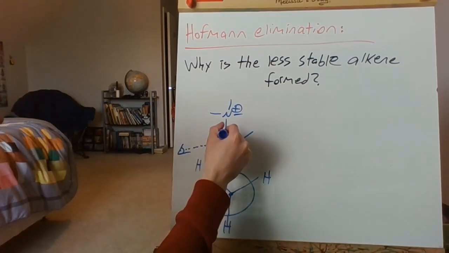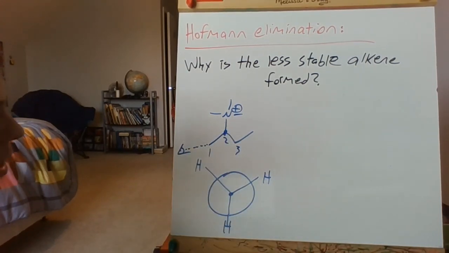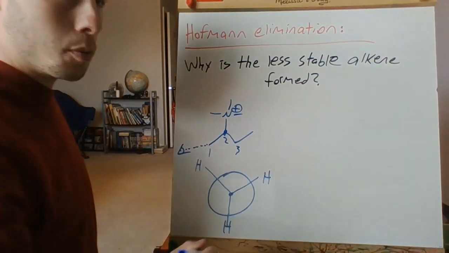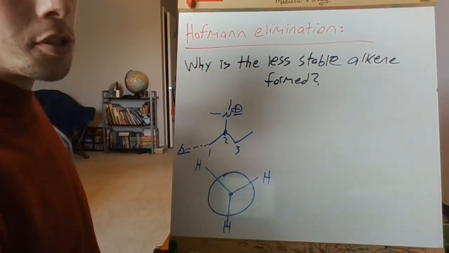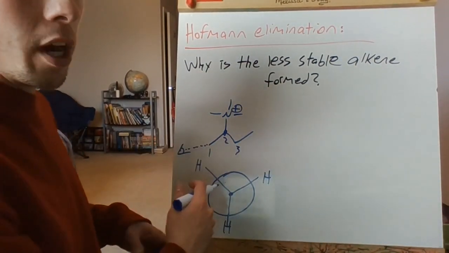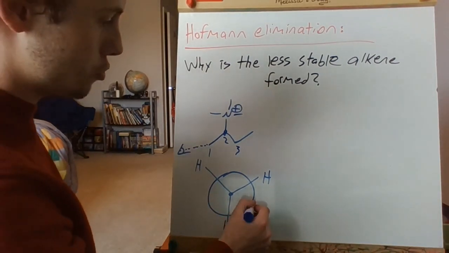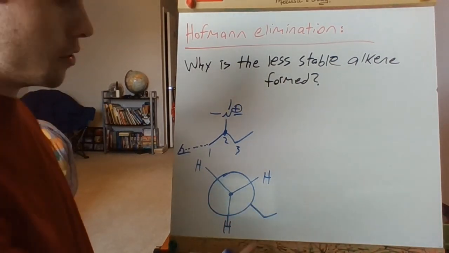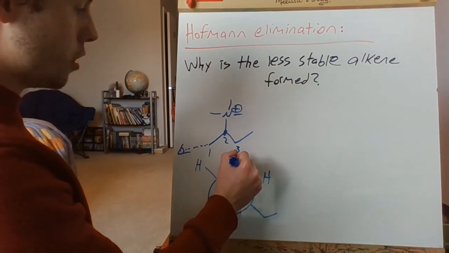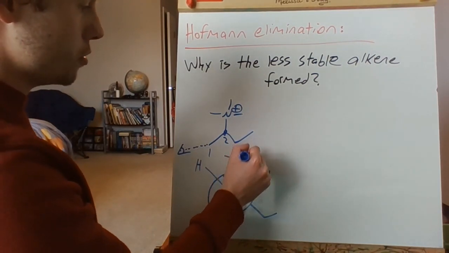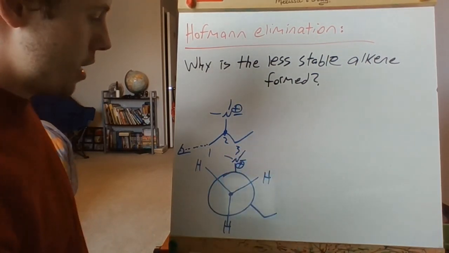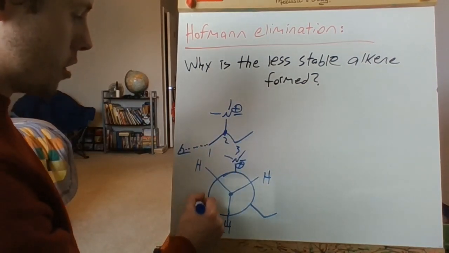And then back here on our back carbon, we have an ethyl group coming off of it. Since there's no stereochemistry drawn, it doesn't really matter where we draw this on the circle, so I'm just going to draw it down here. So there's our ethyl group. Draw out my ammonium up here, and then we have a hydrogen coming off of there.